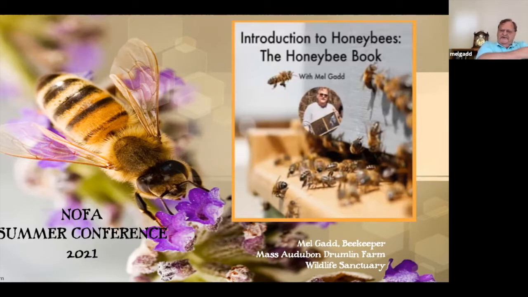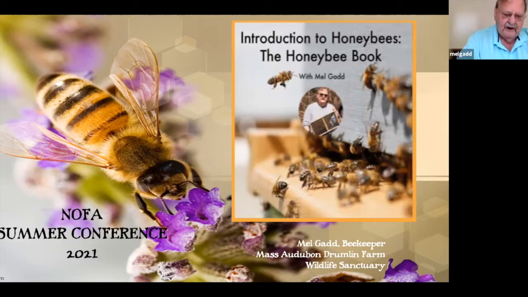As the introduction said, I've been keeping bees for about 16 years. I got hooked fairly quickly when I first started, and I've just been expanding how much I'm doing. At the end of my talk, there's a little video of almost a virtual tour of some of the stuff we're doing out at Drumlin.